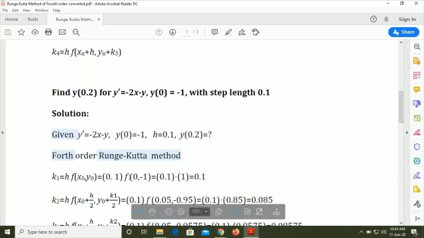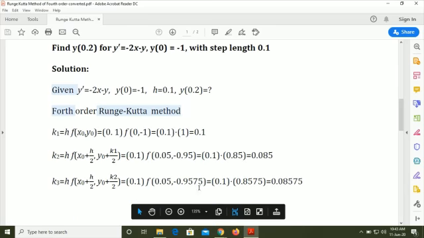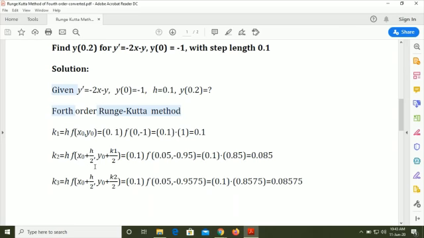So f at 0, minus 1 will be 1 and therefore k1 is 0.1. Then k2, that is h into f of x naught plus h by 2, y naught plus k1 by 2, that is 0.1 into f at 0.05 comma minus 0.95. This 0.05 is x naught plus h by 2.